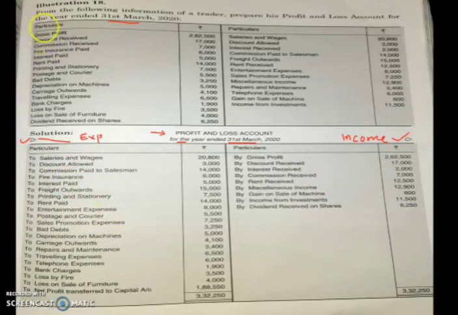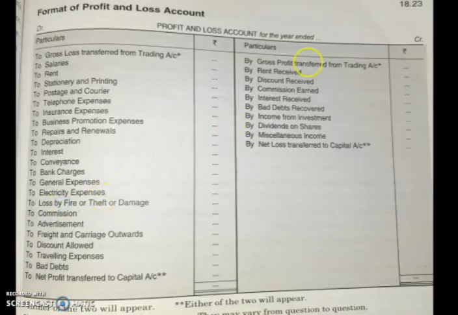Let's move to the information given in the question. You can see here the first item is gross profit. As we discussed earlier in the previous slide, where is its proper position? It is on the credit side, that is the income side. As it is a profit, you show it on the income side of the profit and loss account.